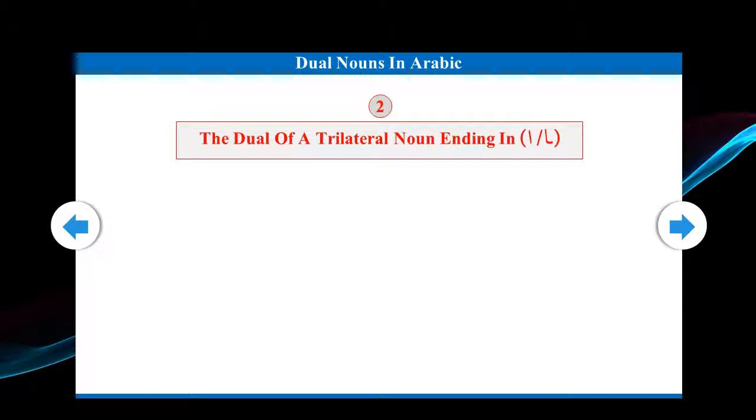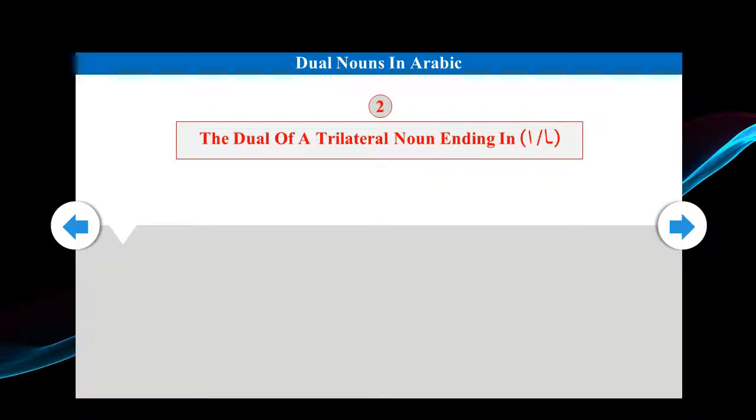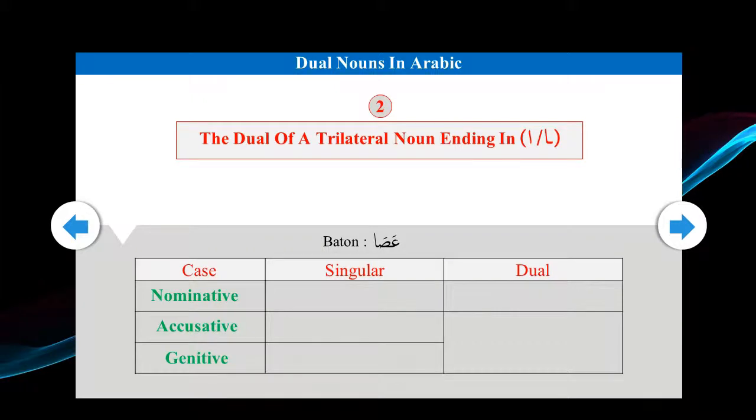The second case is about trilateral nouns ending in Alif. Let's take the example of عصا, which means a stick. When a noun ends in Alif, the indefinite singular will always be voweled with fathatan in all cases. This fathatan is put at the letter that is before Alif.